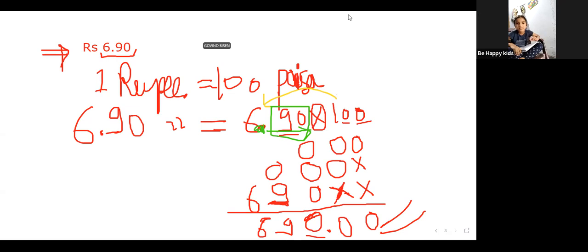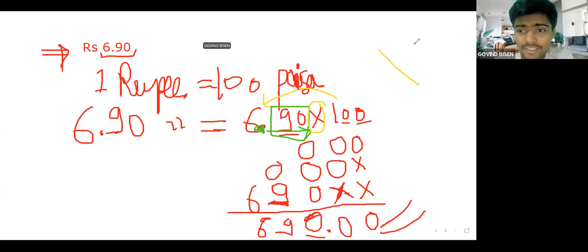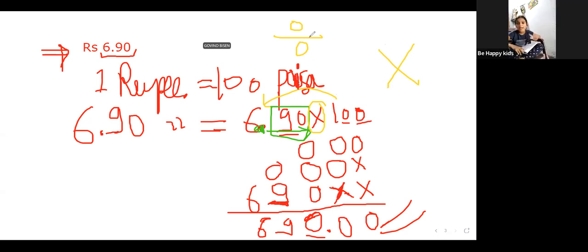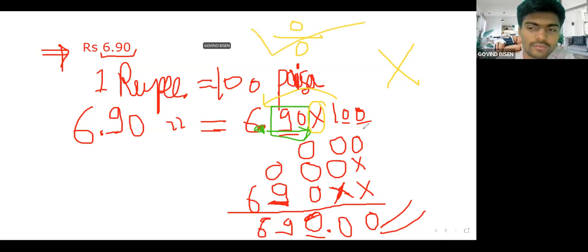What is the symbol? Is it the symbol for division? No. This is the division symbol, right? And this one in the box, this in the circle, is the multiplication symbol, right?